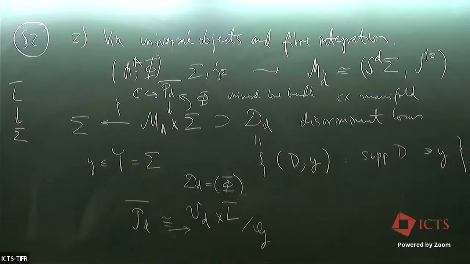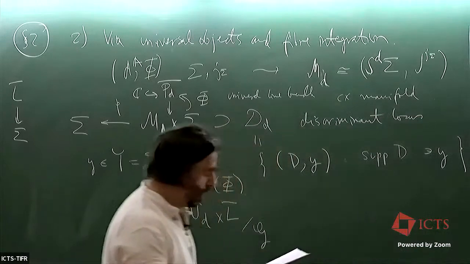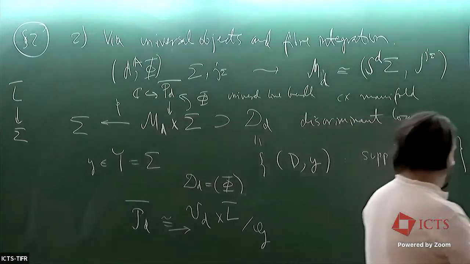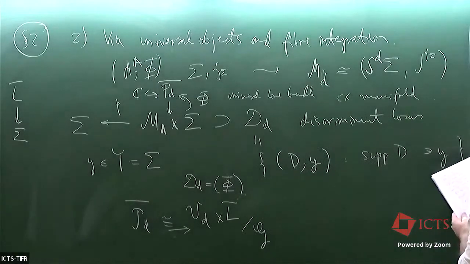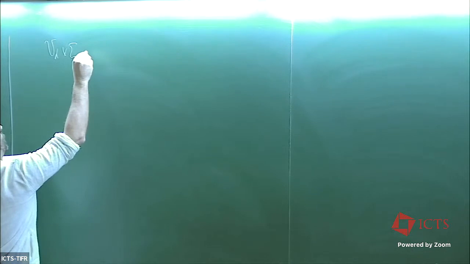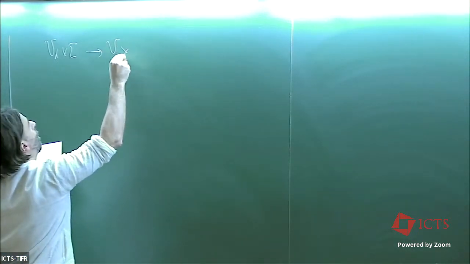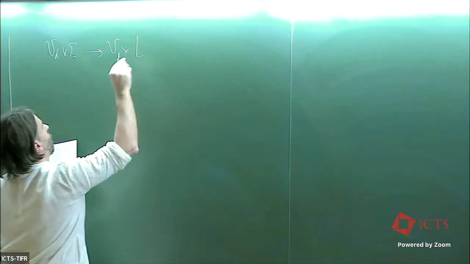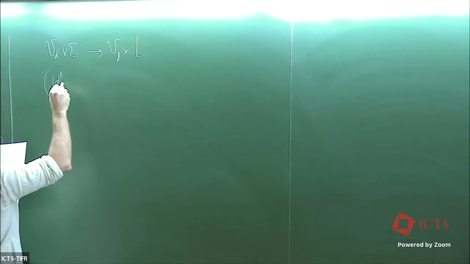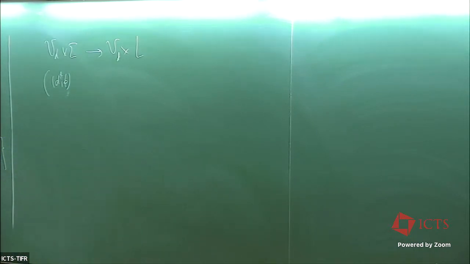Okay, so this is a good way of describing these universal objects. So let's start with this phi. Let's just look at this map from this product to this product. This is just a solution of the vortex equations with the right degree, okay?